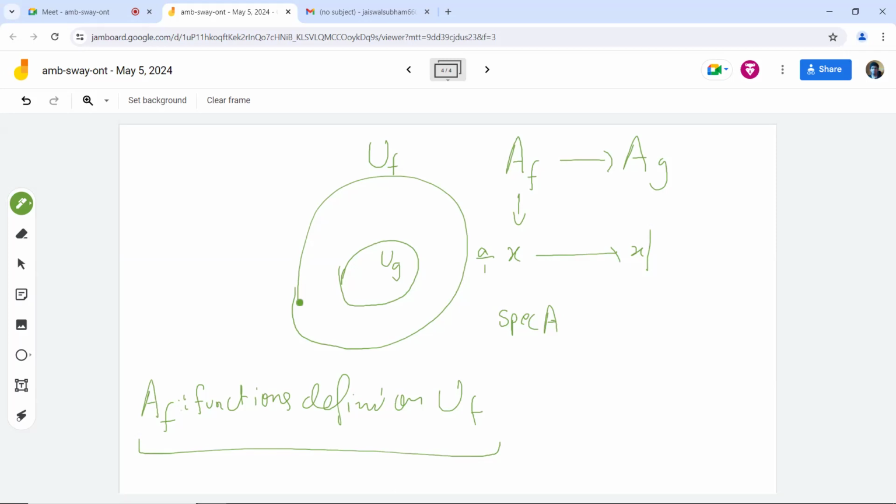Things which have one in the denominator are defined at all points. And if you have f in the denominator, this is almost becoming a circular back calculation, then it will only be defined at those primes which don't contain f.